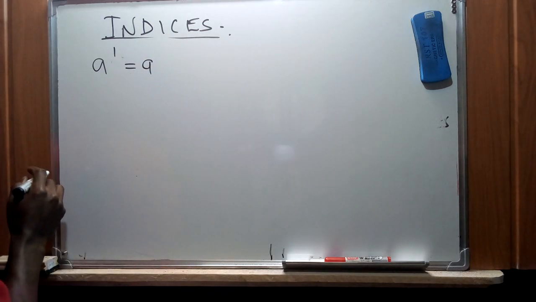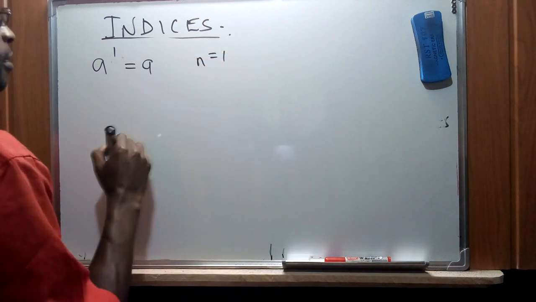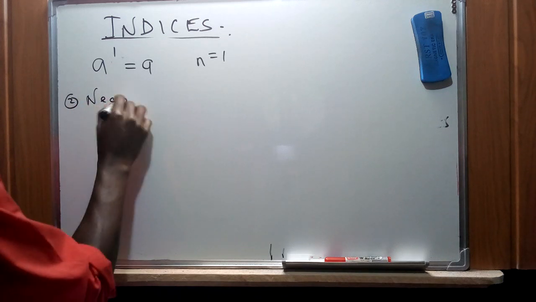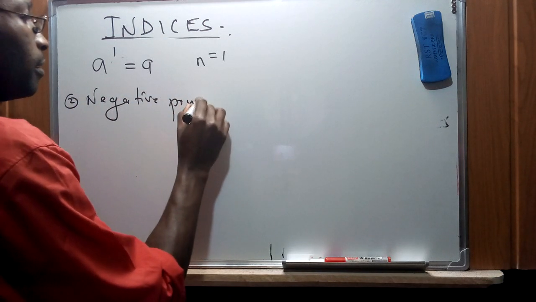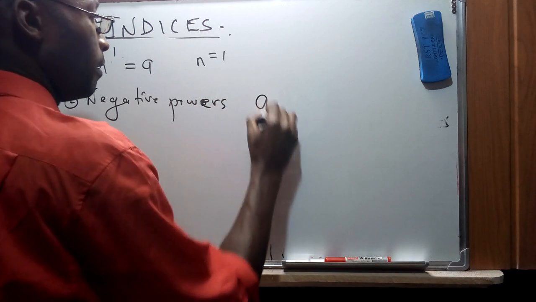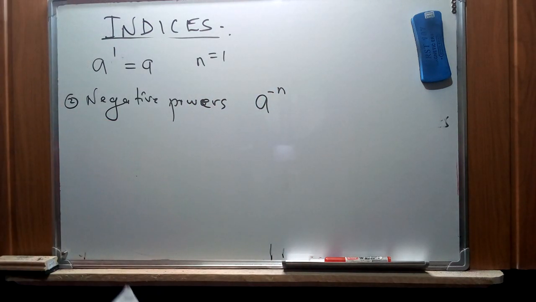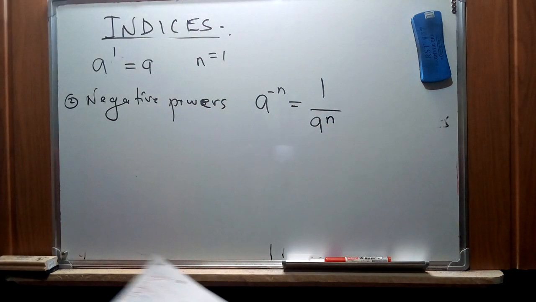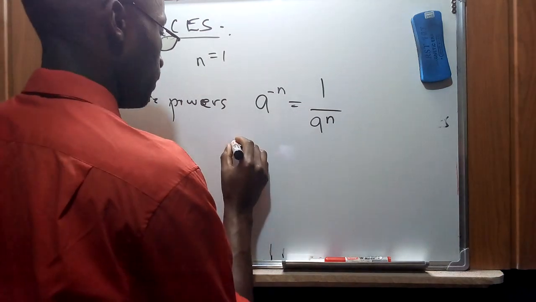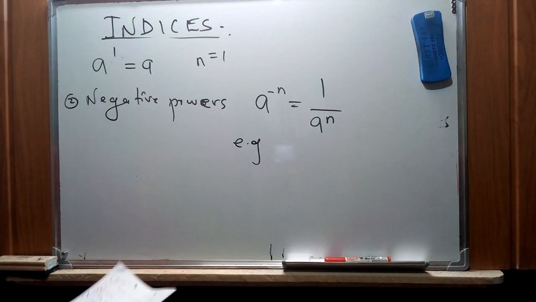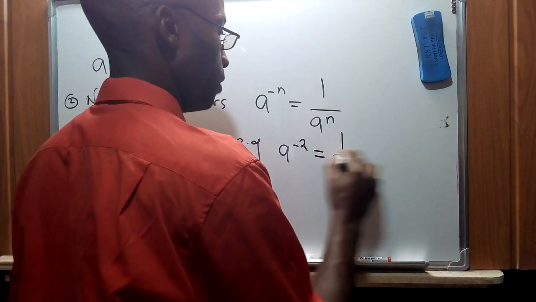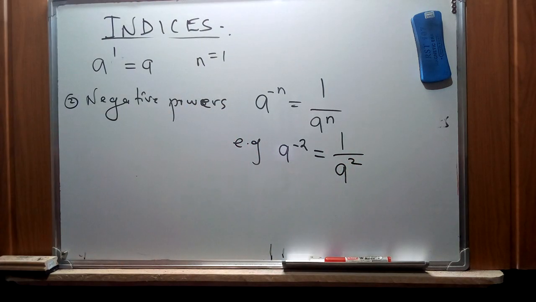And then for negative powers, suppose we have a raised to negative n. Then this can be written as 1 over a raised to power n. For instance, a raised to power negative 2 is going to be 1 over a raised to 2. So negative powers of that form are going to be treated as such.